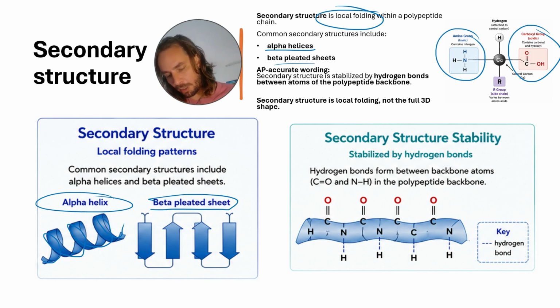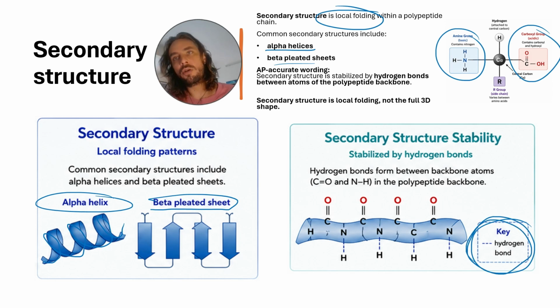And they will form hydrogen bonds with each other. So the N terminus will form a hydrogen bond with the C terminus of another amino acid, and this will form a hydrogen bond with the N terminus of another amino acid.